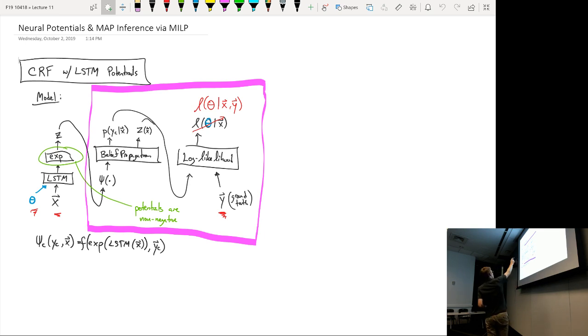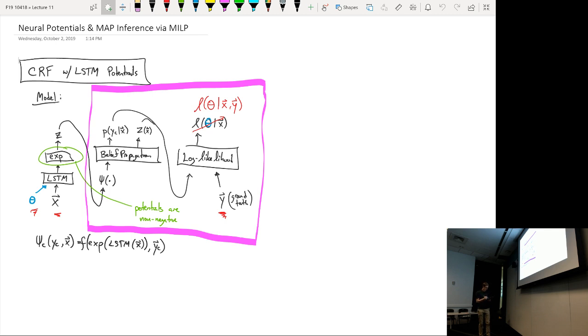If you look at the actual leaf nodes in this computation graph, they're the theta parameters feeding into the LSTM. Then the x feature is representing our example. And then the y vector representing our ground truth also needs to be fed in to the likelihood here.